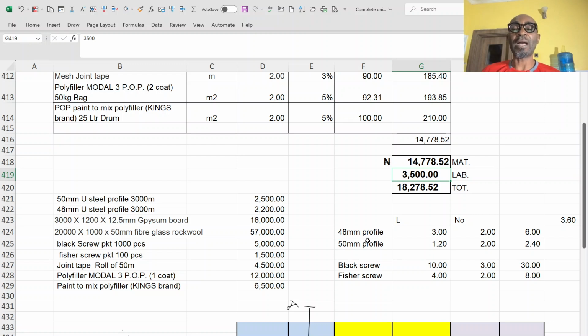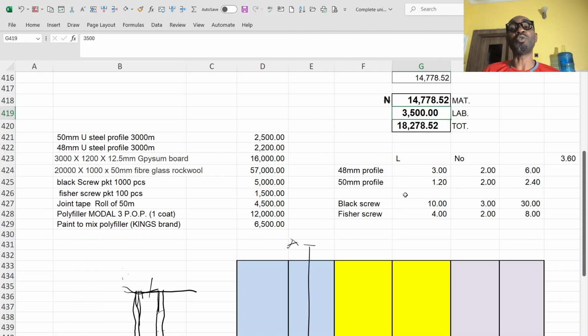So in this case, I am using 3,500 per square meter. By the time you add the two prices, you are coming to 18,278.52 naira per square meter for double cladded walls.